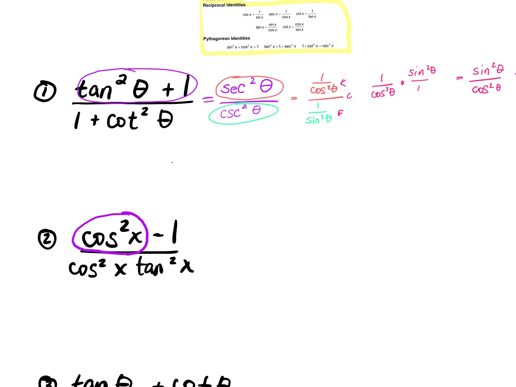What can I change cosine squared into that will help me here? 1 over secant's not going to help. What's cosine squared on our Pythagorean identity sheet? What's it the same as? Cosine squared is the same as what? 1 minus sine squared?